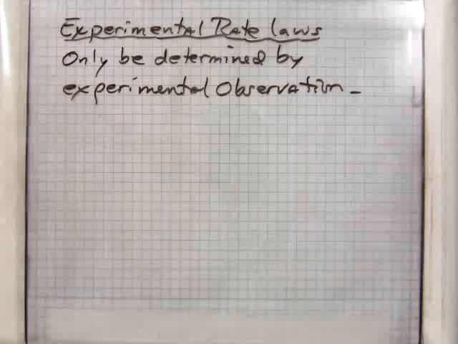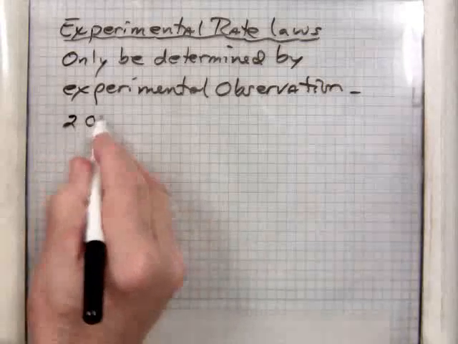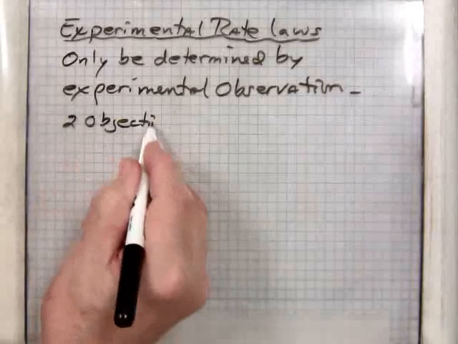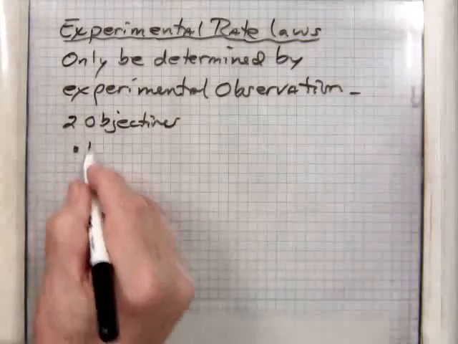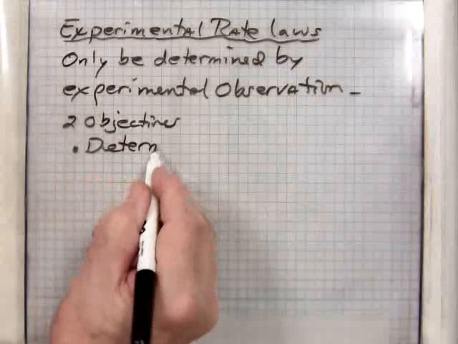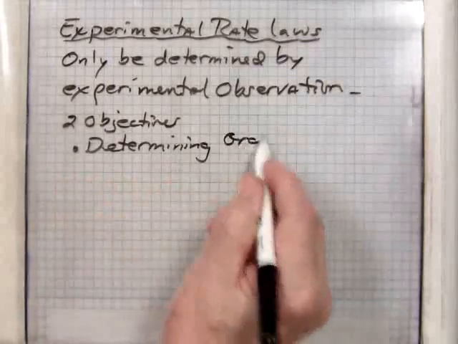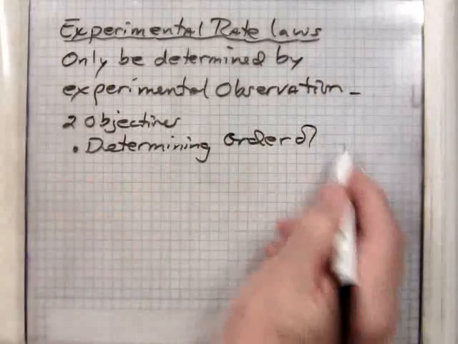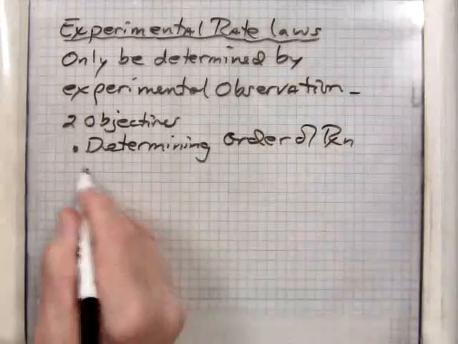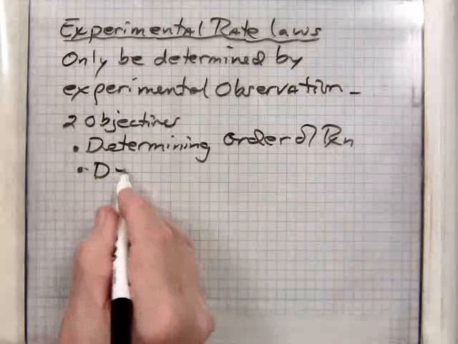Two objectives are important in the problems: determining orders of reaction and determining the rate constant.